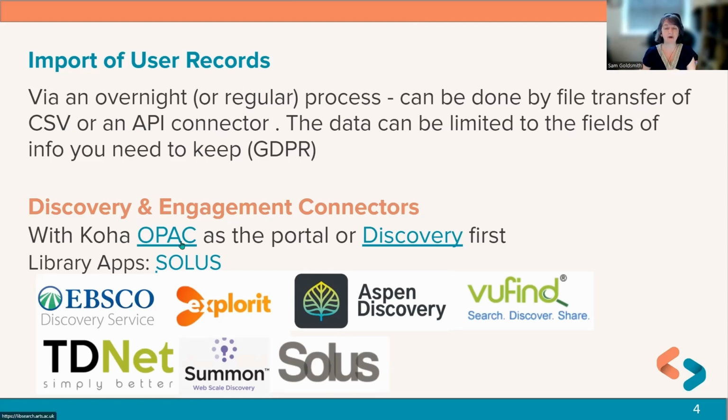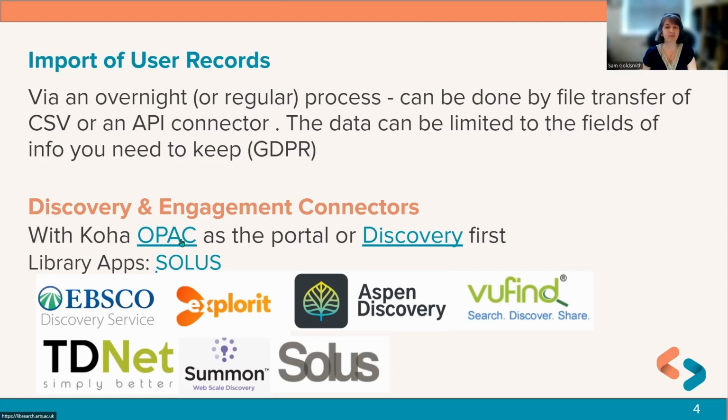You can either have your Koha OPAC as your portal, and then within the search, it will actually search your discovery too. Or you can have your discovery portal as your front-facing platform, and your Koha will be pulled through as your library records in a search.